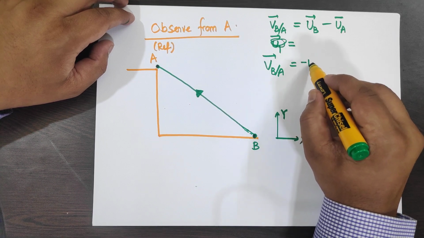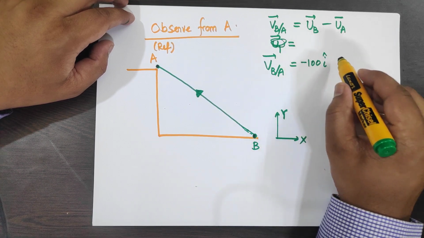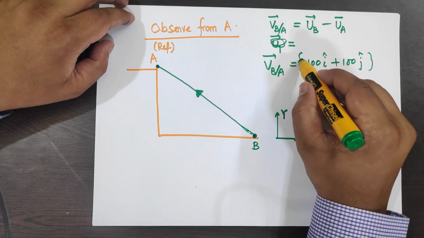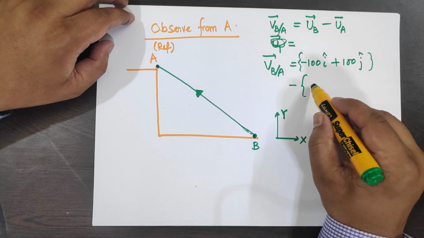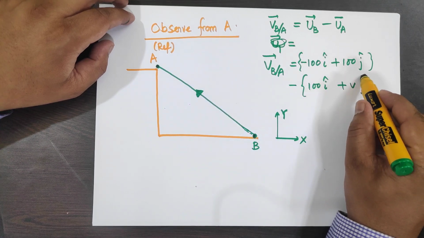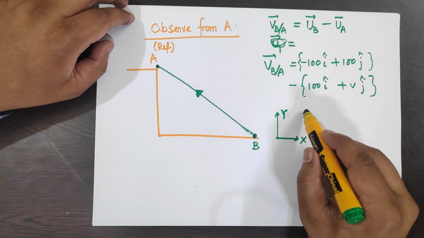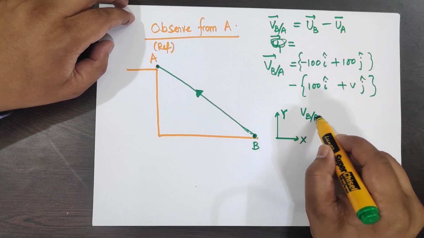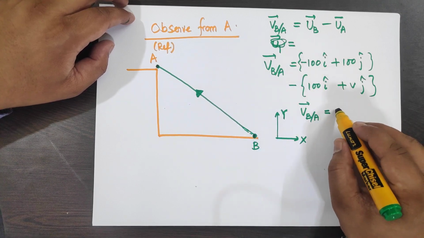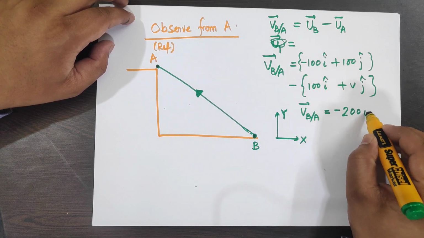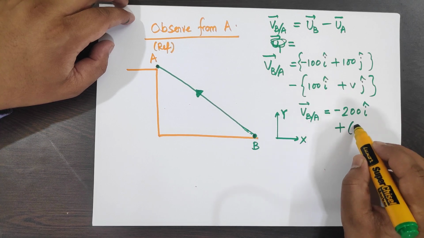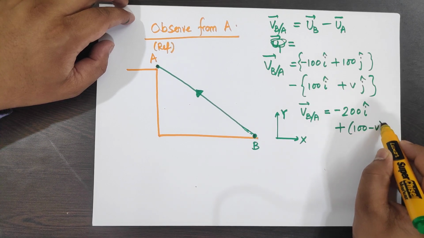UB is minus 100 i cap plus 100 j cap, minus UA is 100 i cap plus V j cap. Okay, so VB with respect to A is minus 200 i cap plus 100 minus V times j cap.